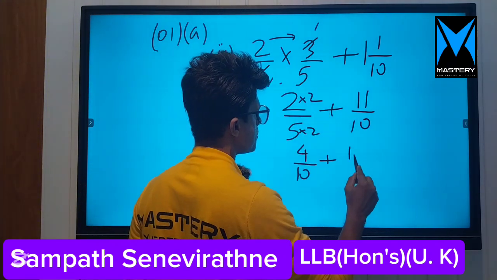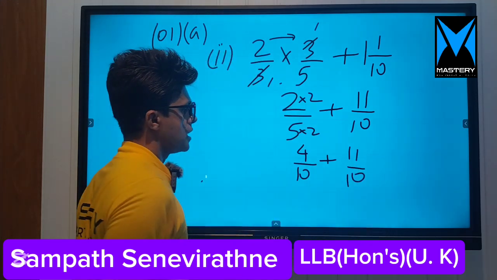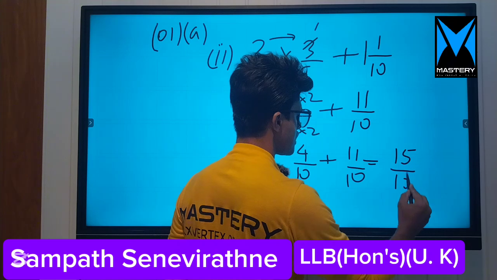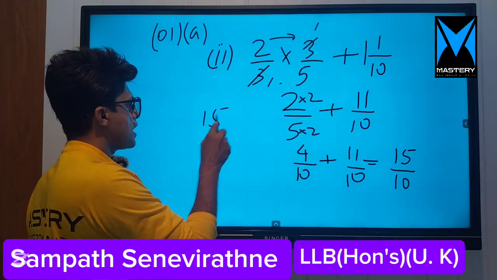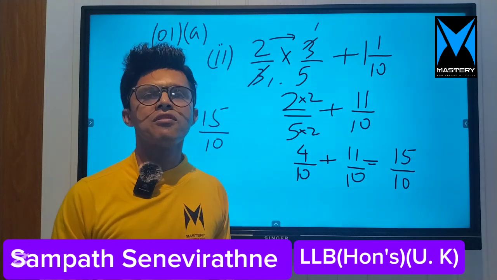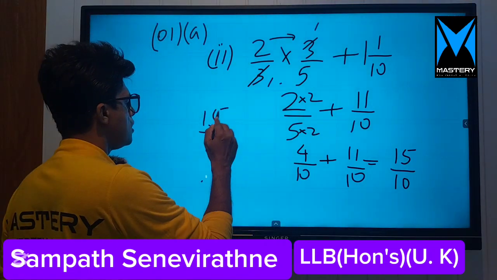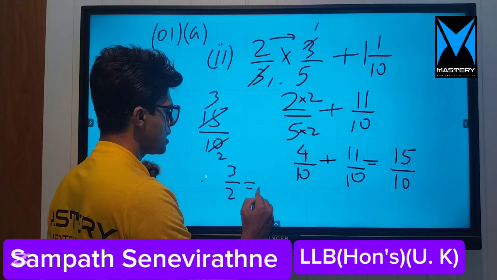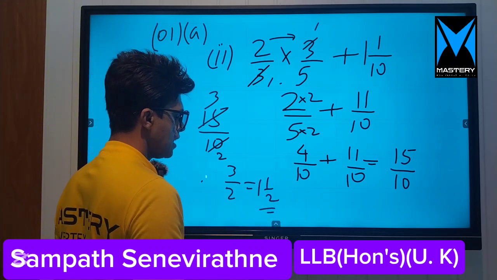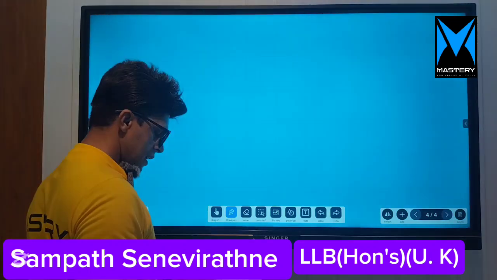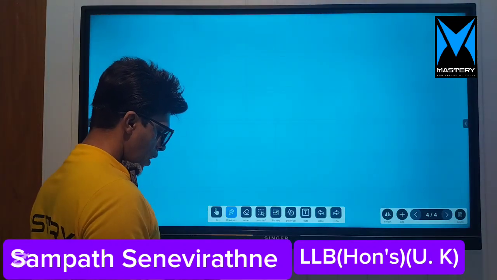So 4 over 10 plus 11 over 10, 4 plus 11 is 15, so 15 over 10. 15 is a multiple of 5, 10 is a multiple of 5, so dividing by 5 gives 3 over 2. The final answer is 1.5. That is the second question.